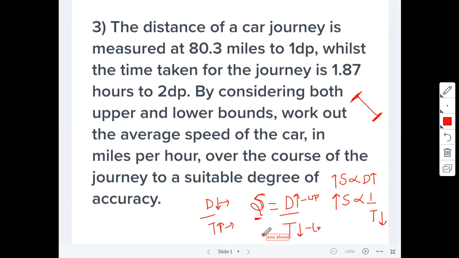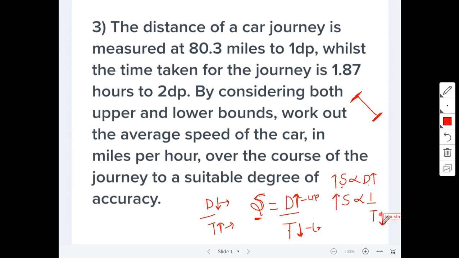Same as for the speed, you are calculating the maximum value of speed and the minimum value of speed. To get the maximum value of speed, you have to increase the distance, because speed is directly proportional to distance. If you increase distance, speed will increase. And also you have to decrease the time, because time and speed share an inverse relation.